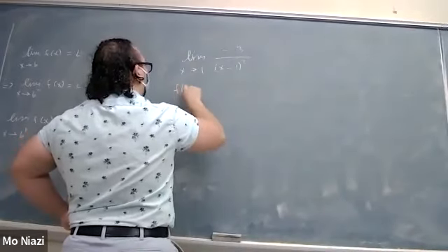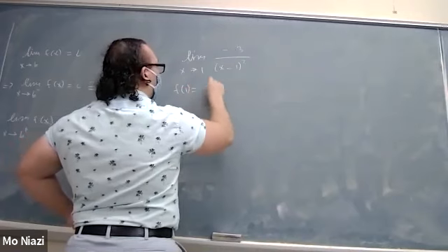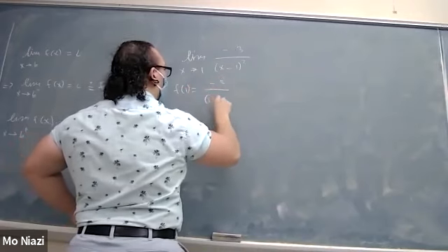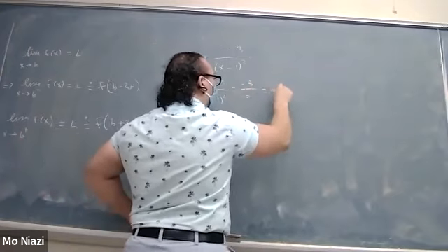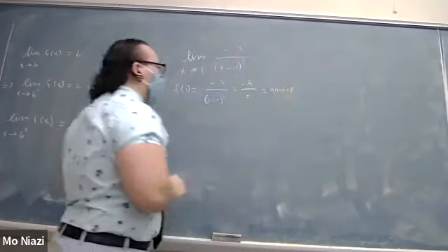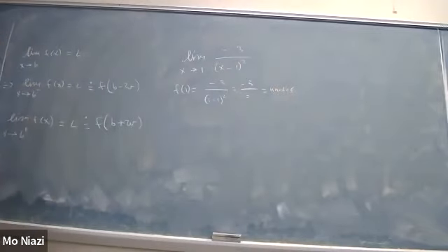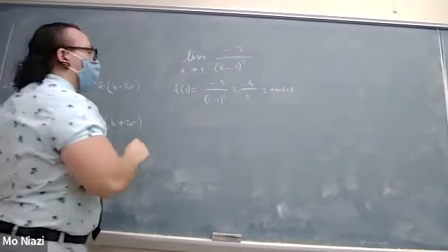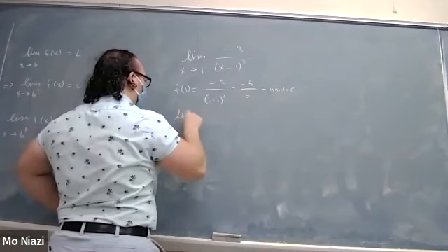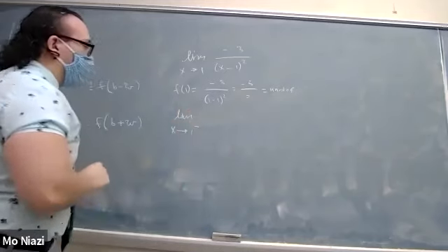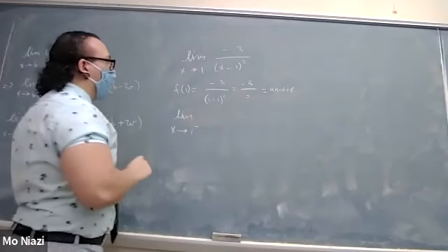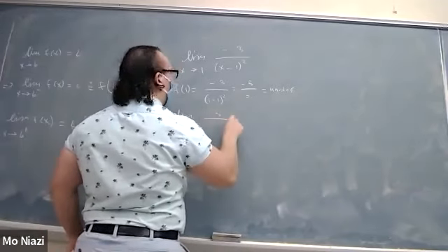Let's evaluate the function at 1 and see what happens. So it's undefined when we evaluate it at that value. But let's calculate the left-handed and right-handed limits. So let's approach 1 from the left.